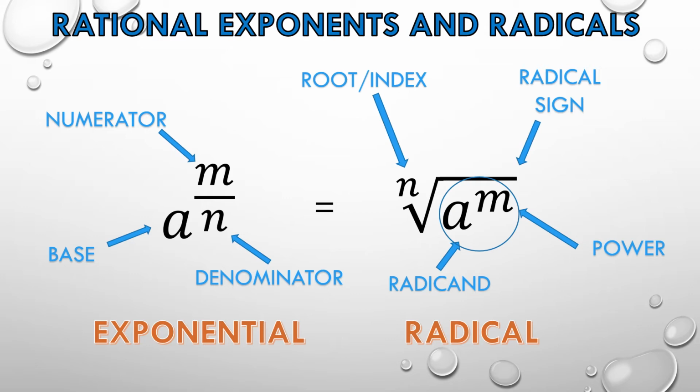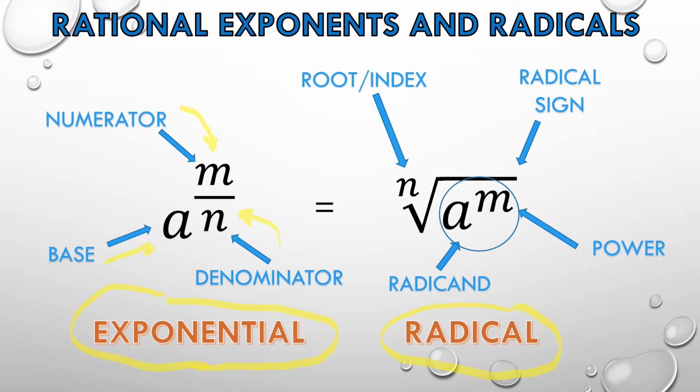We have what we call the exponential, and we do also have the radical form. So first, we'll discuss with the exponential form. So we have here the base, which is, I think you are familiar of naman. And we have the exponent, wherein this is the numerator, and this is the denominator.